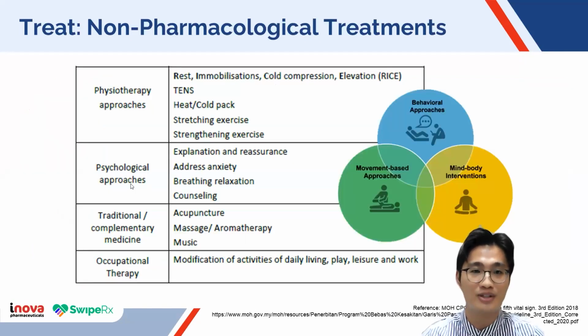For non-pharmacological treatment, we can actually go with physiotherapy approach, such as heat pack or cold pack, using TENS machine, or through CBT, cognitive behavioral therapy, counseling, or complementary medicine like acupuncture, and refer to the occupational therapies.